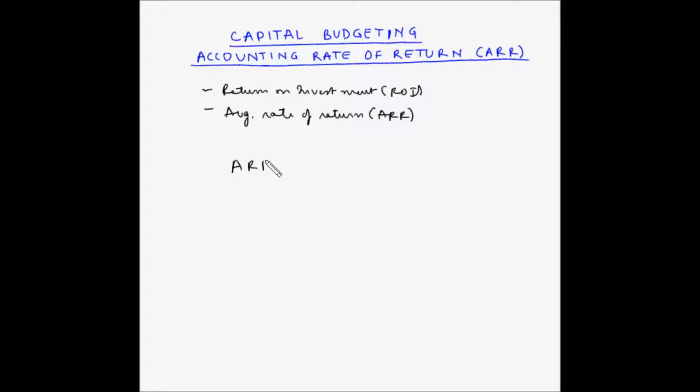So ARR is equal to average income, this is generally the PAT, profit after tax, divided by average investment. Now some people also use initial investment instead of average investment. Now let us consider an example to understand this method.